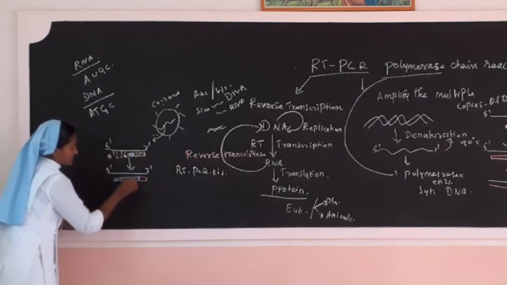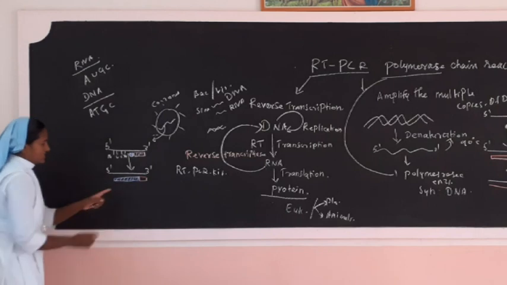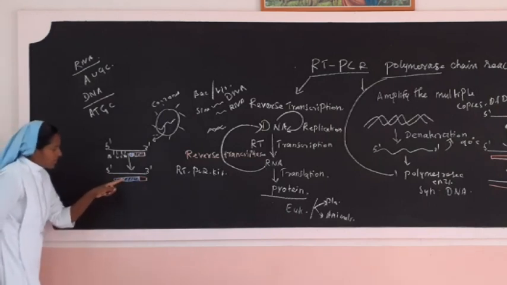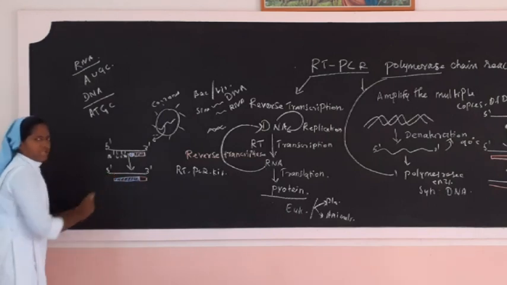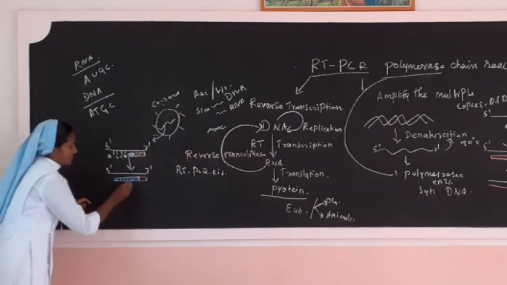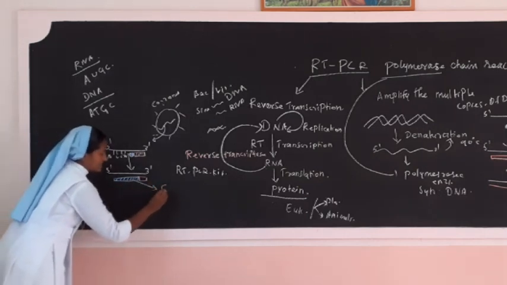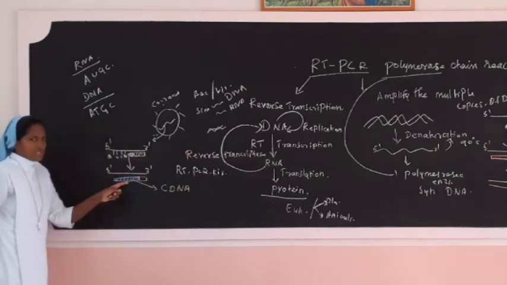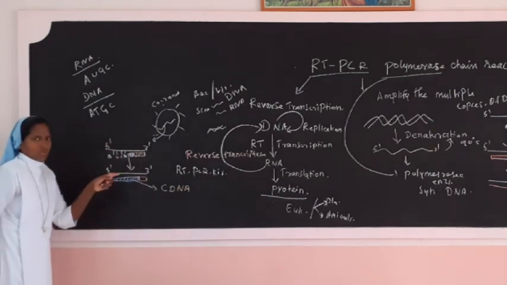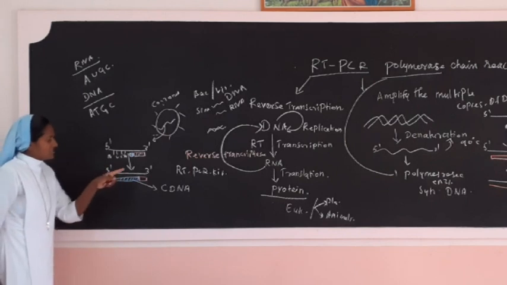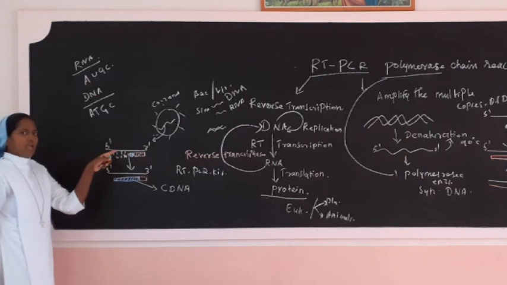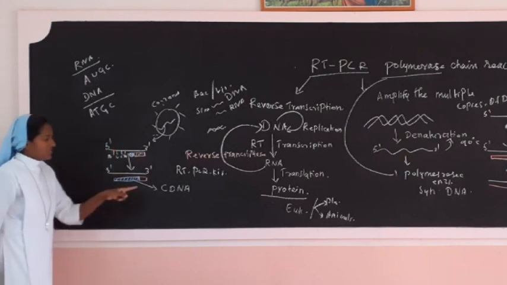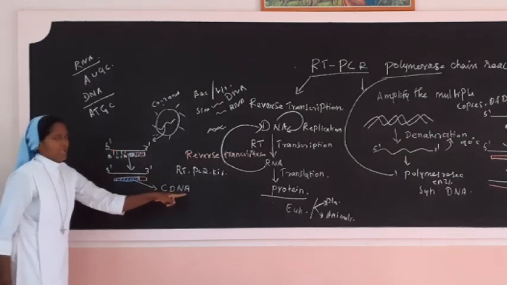Okay, so this is the newly synthesized DNA, which is complementary to this RNA strand. Now this DNA, we call it cDNA. Why? Because the sequence synthesized is complementary to the sequence present in the mRNA. So that's why we call it cDNA.